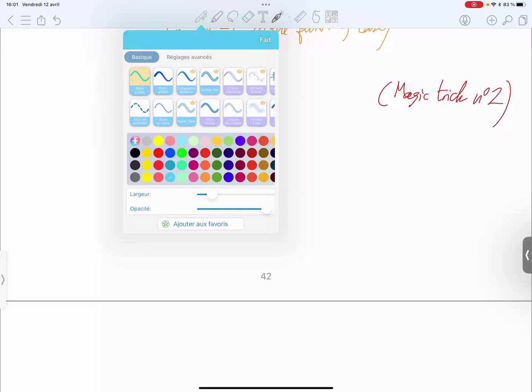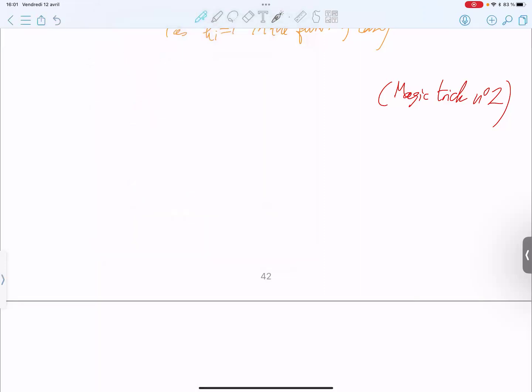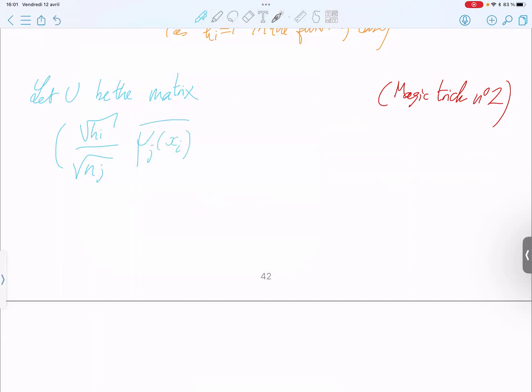What color? This color. So let U be the matrix square root of h_i divided by square root of m_j, mu_j(x_i) complex conjugate, indexed by ij. So you consider this matrix. This is a good normalization to get really orthonormality.